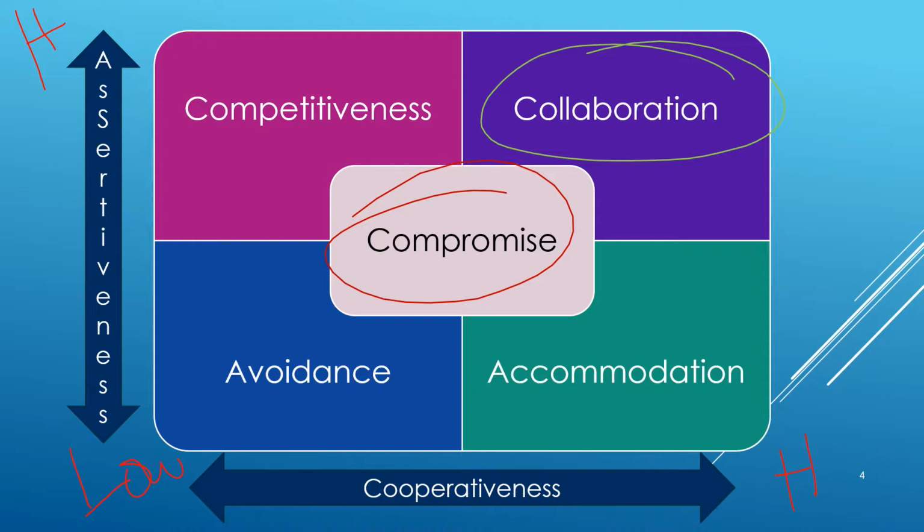And so whoever complains the loudest, finally we're going to cave in, we're going to give them a free dessert to shut them up, okay? We don't want to have that accommodation all the time. But there are certain situations where we need to just do it just to diffuse the conflict and to move on. And so we really want to make sure that we're using that accommodation sparingly, and we're using it again when it's appropriate.